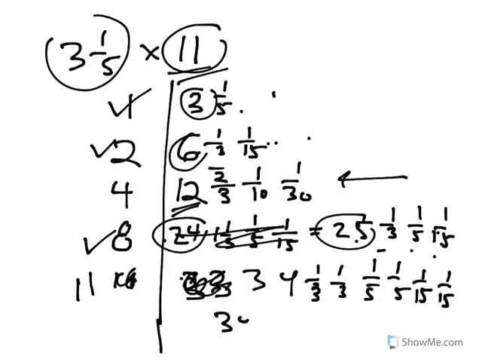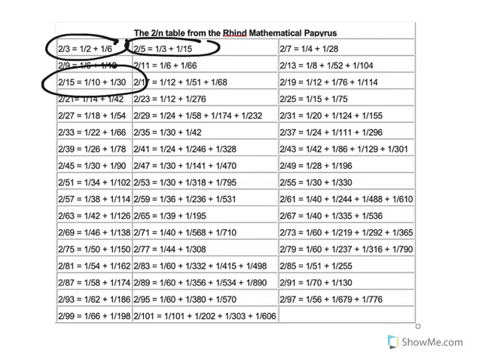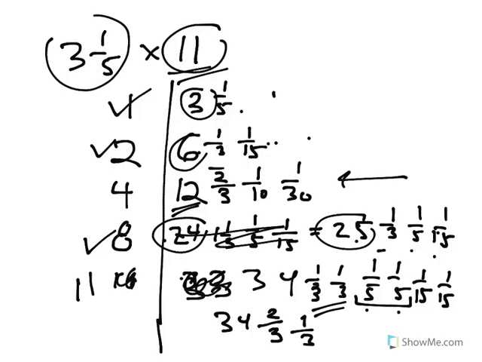And I'm going to simplify this a little. I can simplify the 1/3 and 1/3. I can write 2/3. The 1/5 and 1/5 is 2/5, which I need to come back here, and so this 2/5, I look up again back on the 2/5, it's 1/3 plus 1/15.